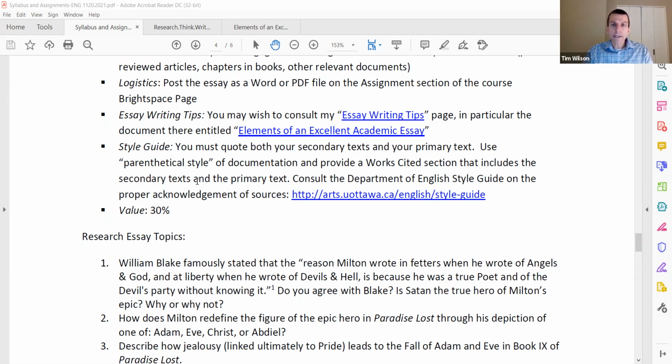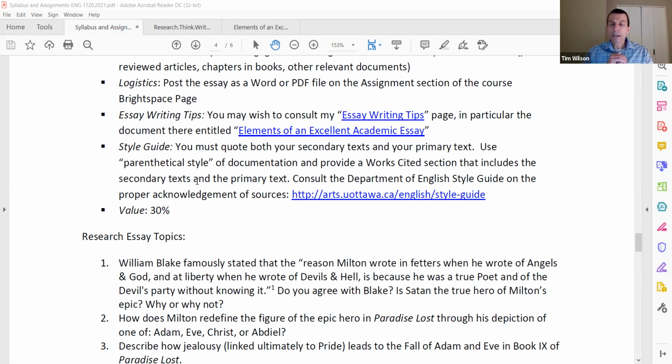The style guide is a Department of English style guide. If you want to look at tips for how to cite the articles, it's all broken down there. It's using the Modern Language Association citation method. I'm not going to be a real stickler for which method you use.